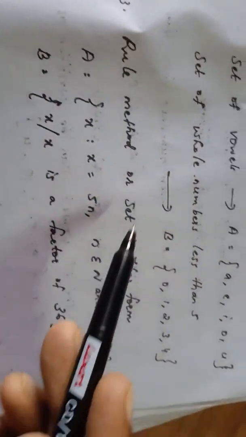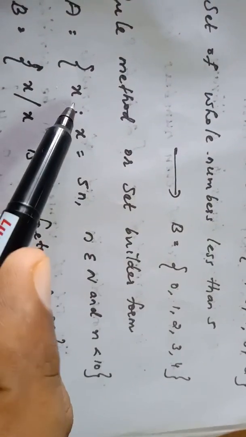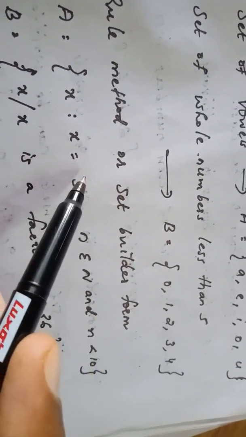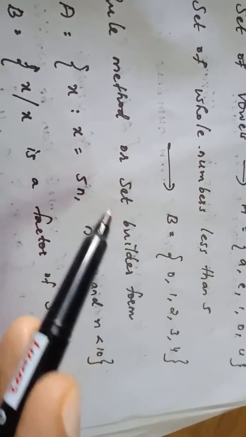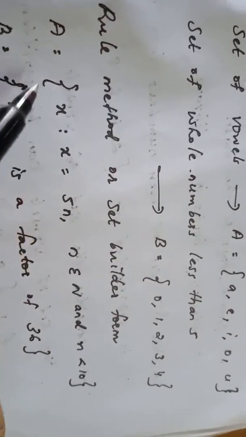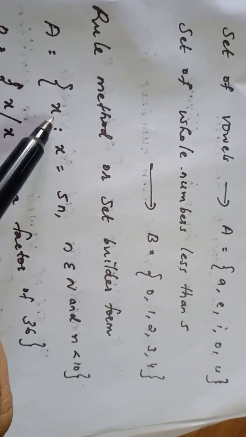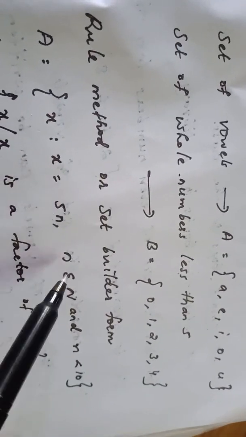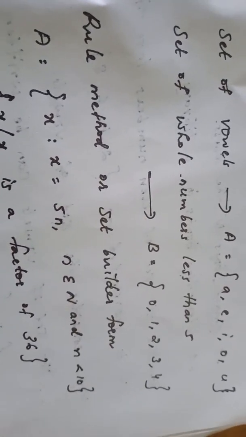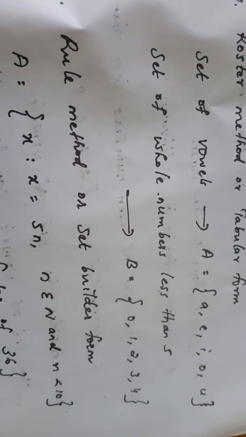And in the third one, rule method or set builder form, we have to write the property which defines the set by taking set x such that x is according to the property which defines the set, and you can complete the statement. So x is a variable which represents any member of the set, followed by the property which defines the set. So these three are the different representations of sets.